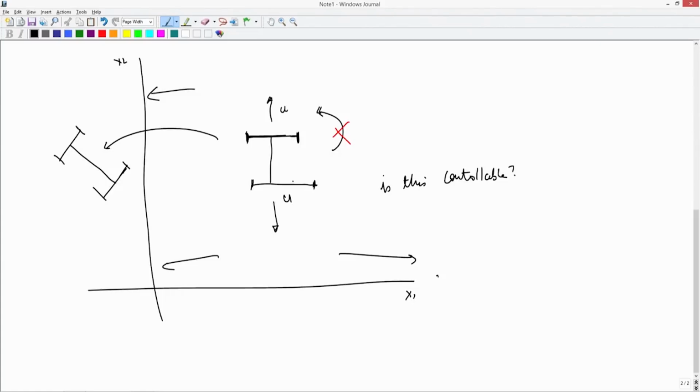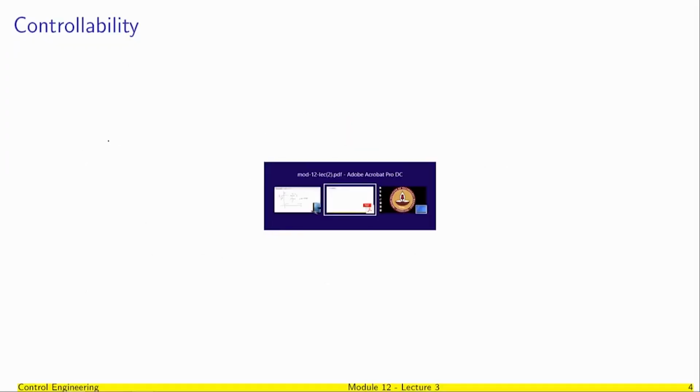Now, how do we qualitatively analyze this, or when is a system controllable? The system here with just the two u's, which either goes in this direction of x2 positive direction or in the negative direction of x2, is this controllable? Or for complete controllability, I also need the steering, right, so that I can go from this position to this position.